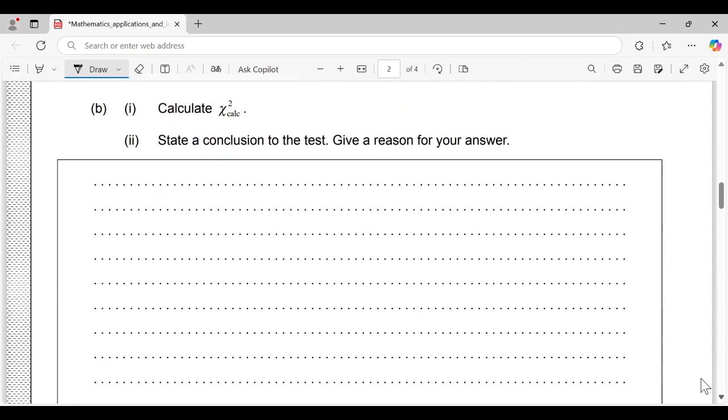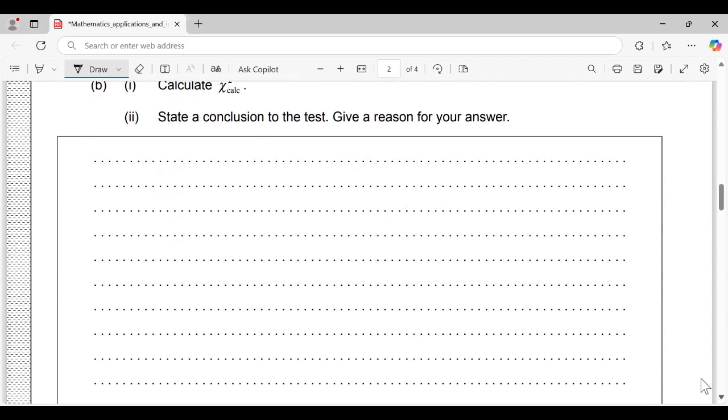So the hypotheses are, first, the null hypothesis: there is no association between the size and the color of the papers.